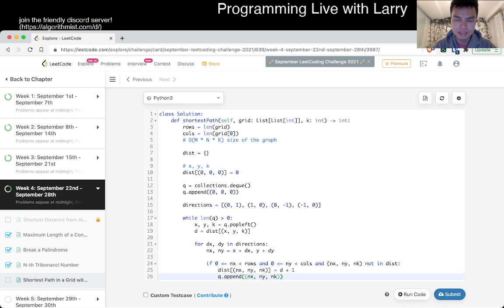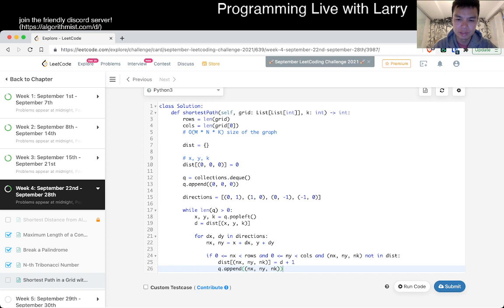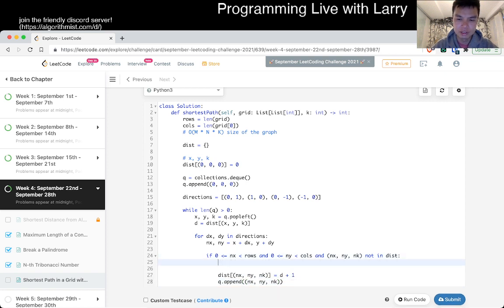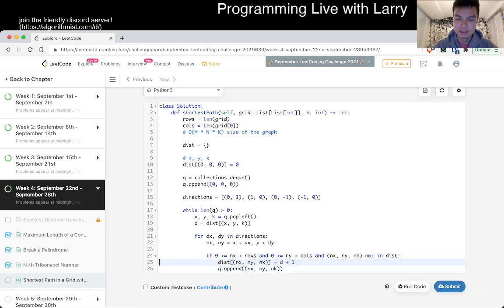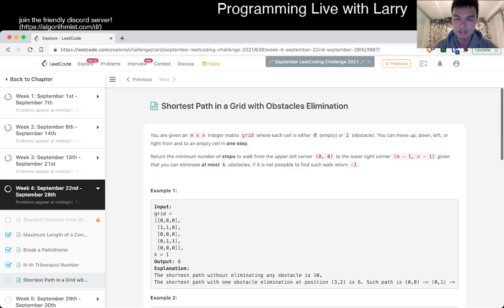Okay, so I think this would be good enough in theory. We have to do one more check actually. We have to check new k is less than or equal to k and this stuff. Also, we have to use, let's just say ops.